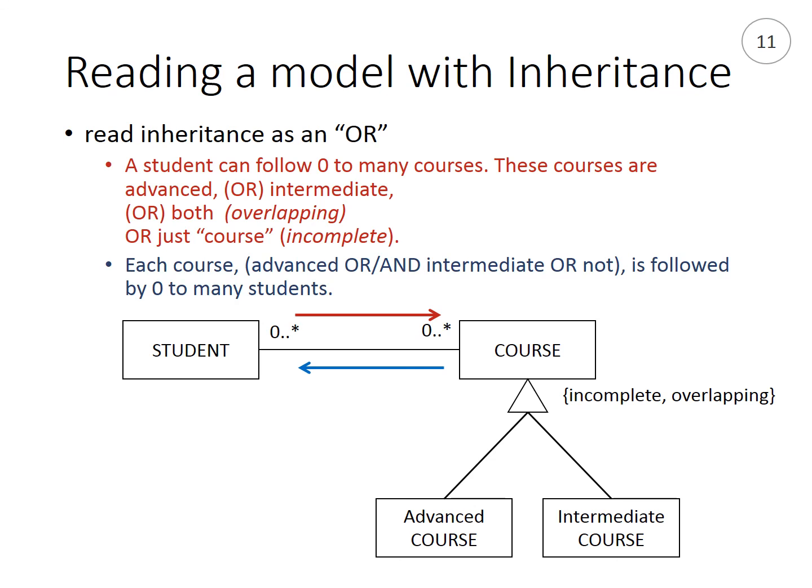In the other direction, reading from course to student, we can see that each course is followed by 0 to many students, and advanced course and intermediate course inherit from course the fact that they are followed by 0 to many students. So each course, advanced and or intermediate or just course, is followed by 0 to many students.